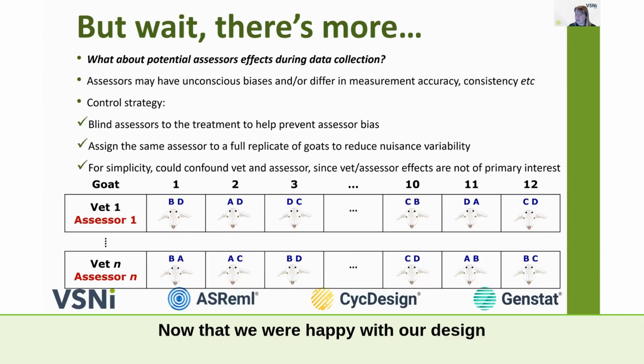Now that we were happy with our design, we sought animal ethics approval. Now here in New Zealand, this is a formal process that assesses whether the scientific value of the experiment outweighs any negative impacts on the animals involved.